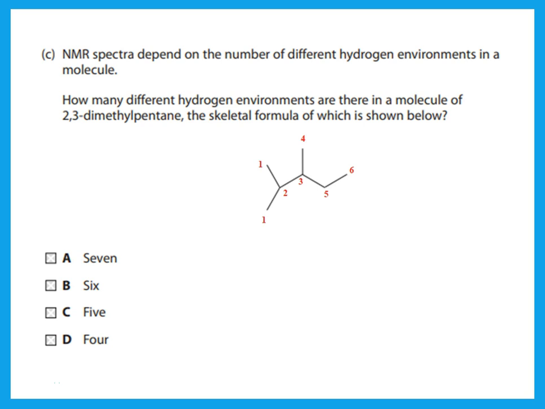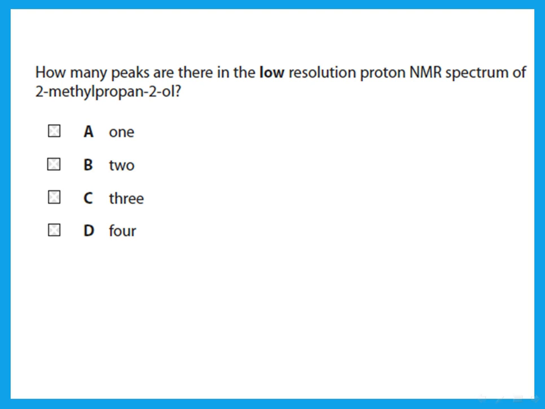And then the carbon that is attached to them will give a different peak, the hydrogen that's attached to it. And the other hydrogens on carbon number 3, 4, 5, 6, all of these are different hydrogens. So actually, you're going to have 6 different peaks for 6 different hydrogen environments.